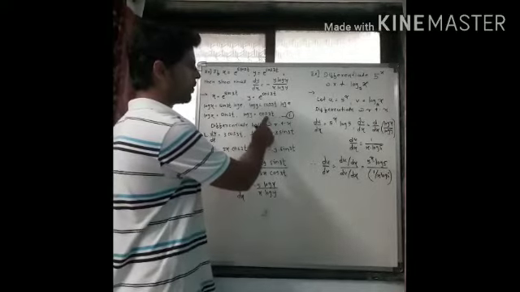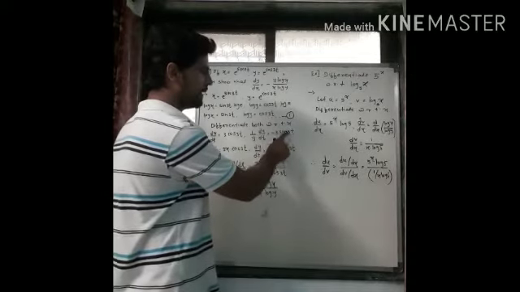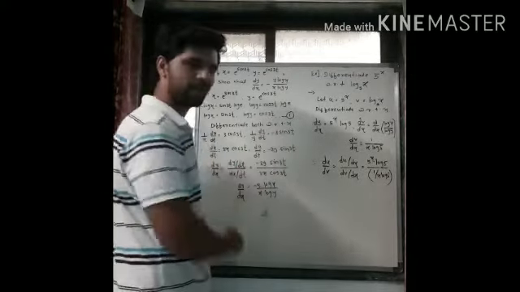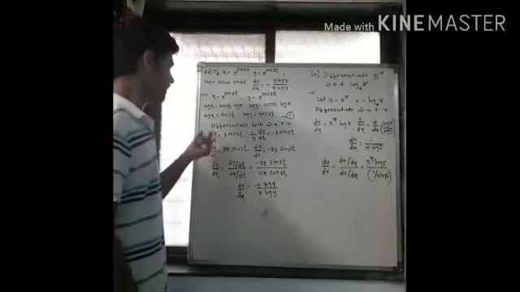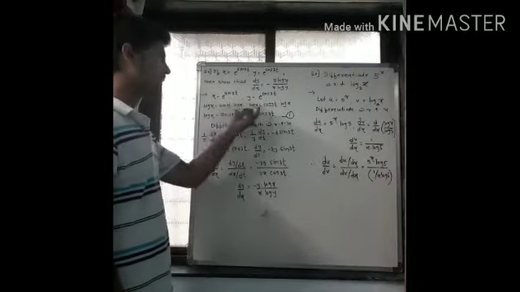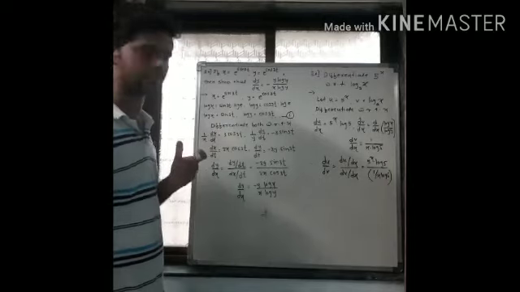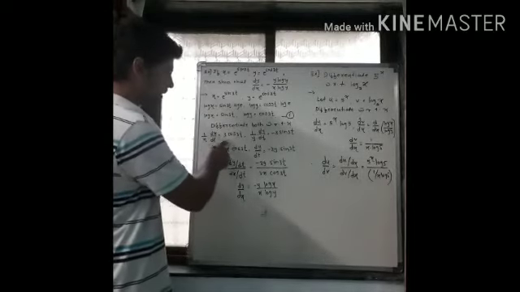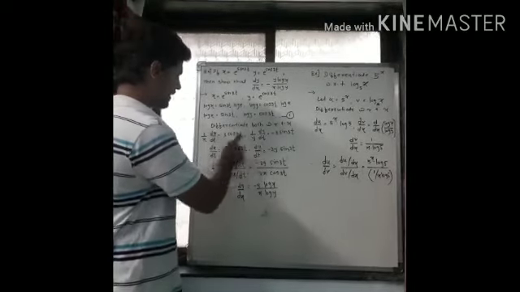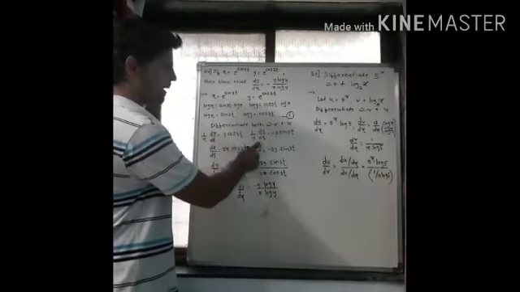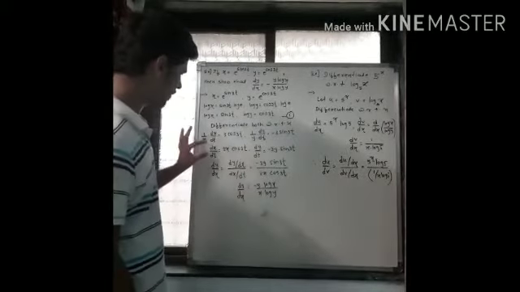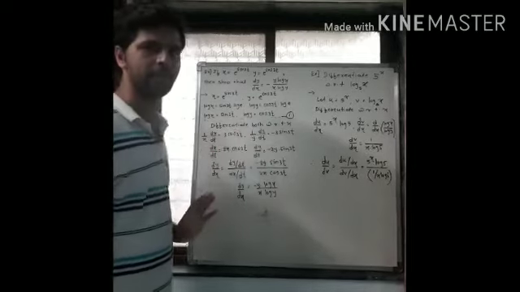Now the derivative of cos 3t is minus sine 3t and the derivative of 3t is just 3. So we got the derivatives of log x and log y, sine 3t and cos 3t. Now this x shifts to the right side, and this y shifts to the right side. So x becomes 3x here, y becomes 3y here. Now we got dx by dt and dy by dt, right?